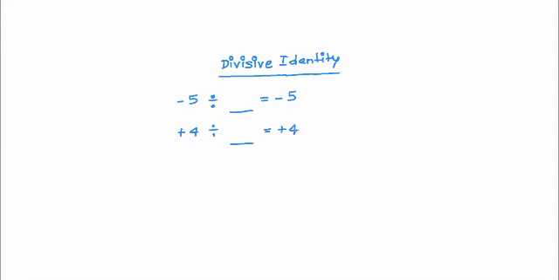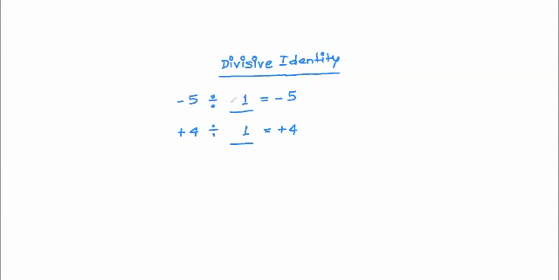Now we know in division, the sign of the answer is determined by the signs of the initial expression. So in this case, we want 5 divided by something should give 5. So we know 5 divided by 1 gives us 5. Same way 4 divided by 1 gives us 4. And the answer is negative, which means out of these two numbers, only one number has to be negative. They have to have different signs.